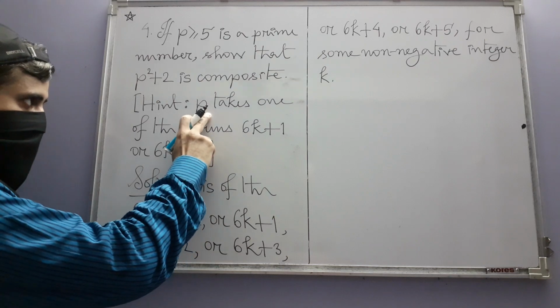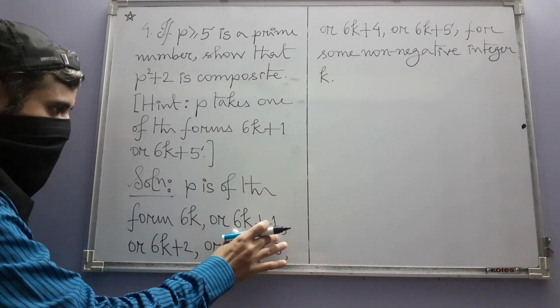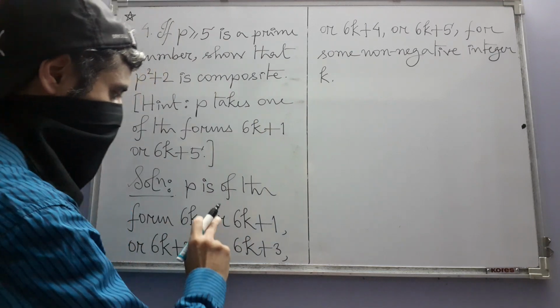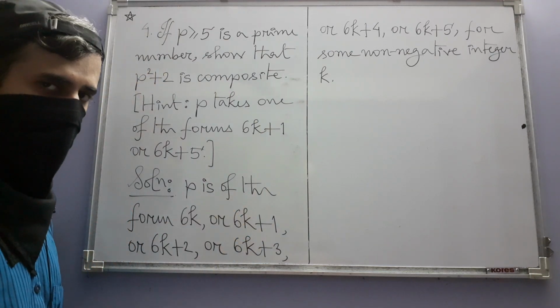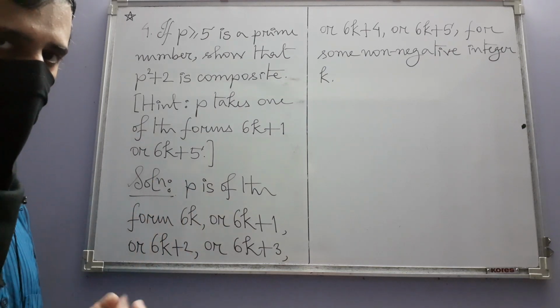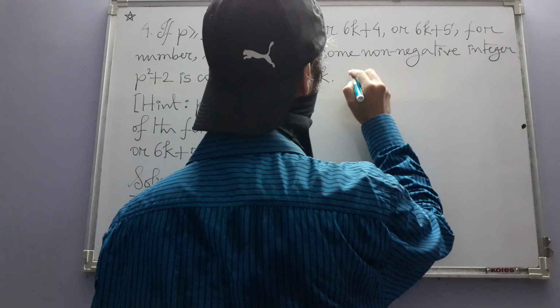Now according to the given hint, this form and that last one are the only possible ones. That means we have to somehow rule out the other forms, and in doing so, primality of p will play a role. Okay, so let's see.